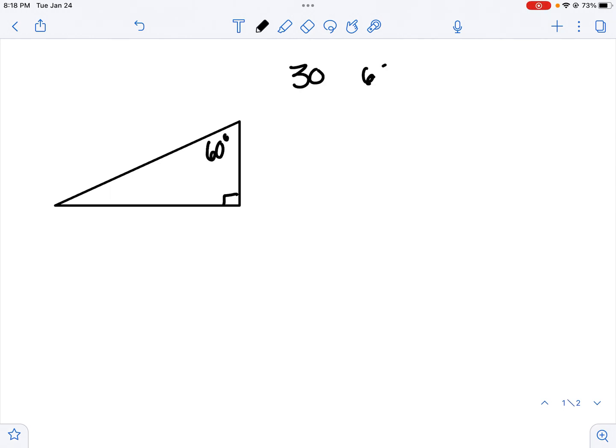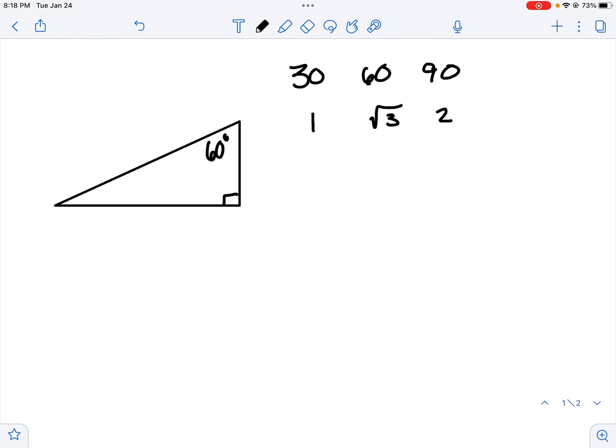So the rule is, if you have a 30, 60, 90 triangle, the relationship is 1, radical 3, 2.